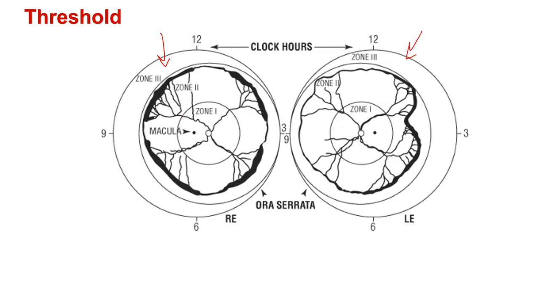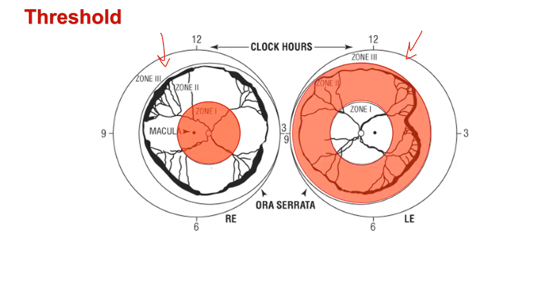If they have involvement in zone 1 or zone 2, this involvement can be either 5 contiguous clock hours or 8 non-contiguous clock hours.